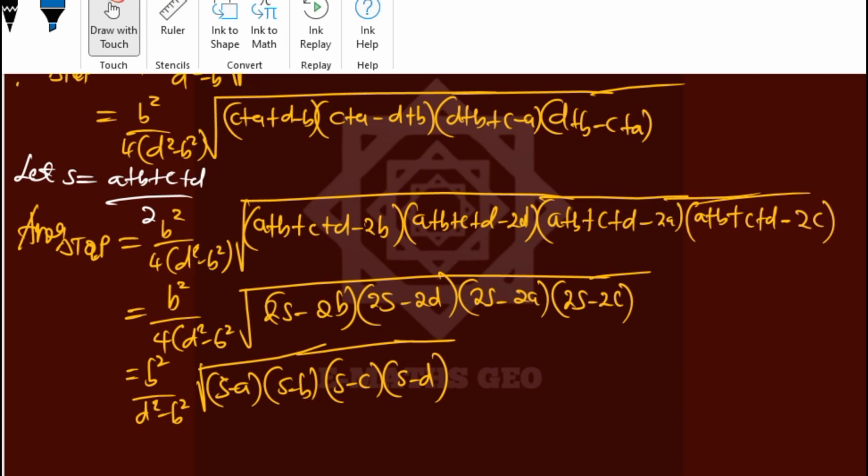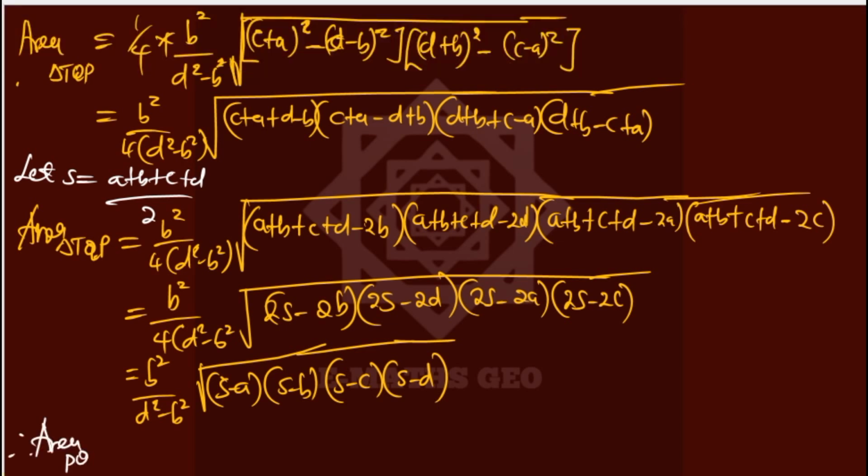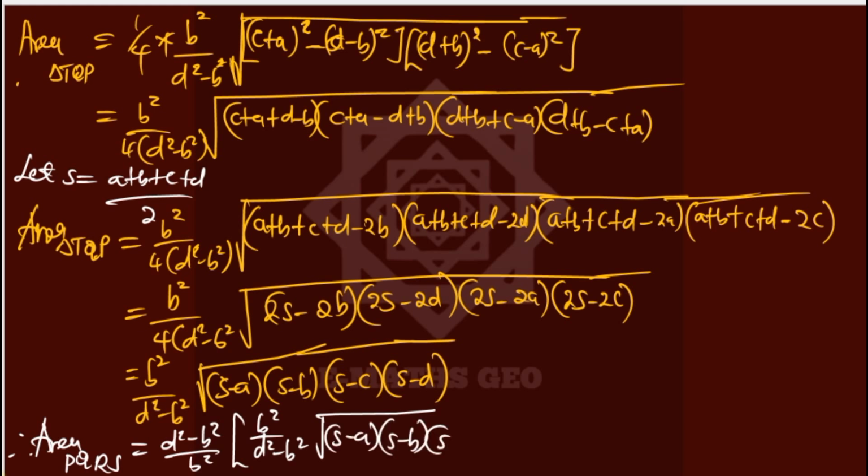Therefore, the area of quadrilateral PQRS is now equal to (d squared minus b squared) over b squared times the area of the triangle, which is b squared over (d squared minus b squared) times the square root of (x − a)(x − b)(x − c)(x − d).